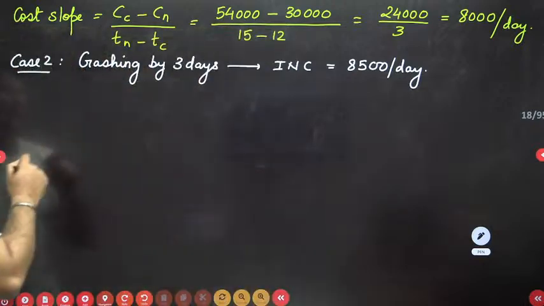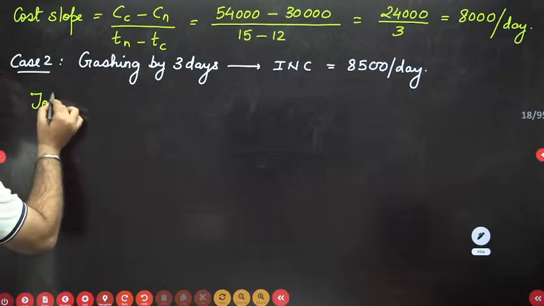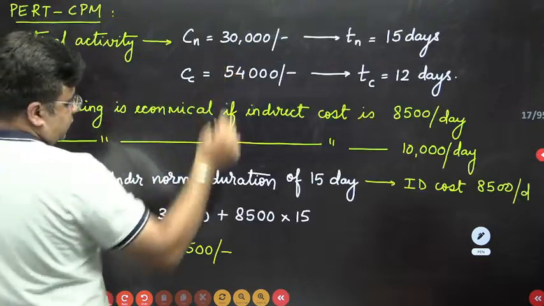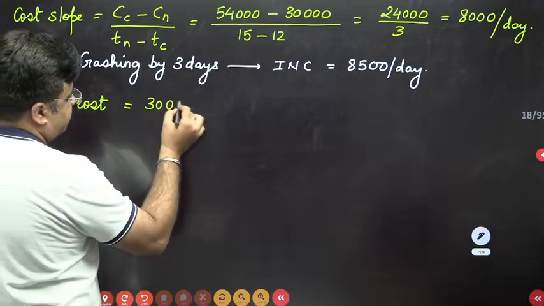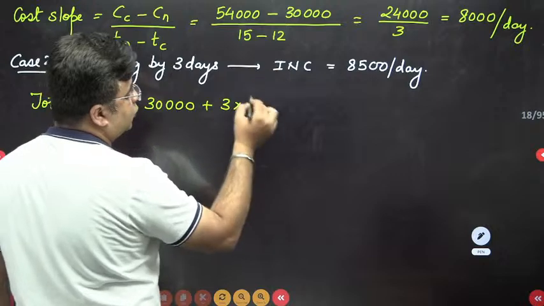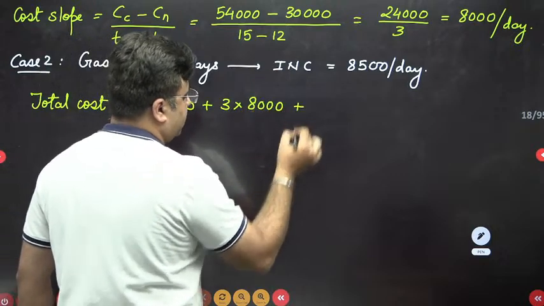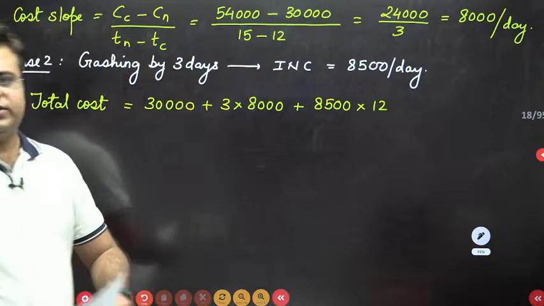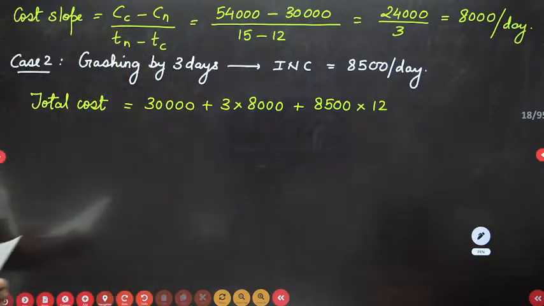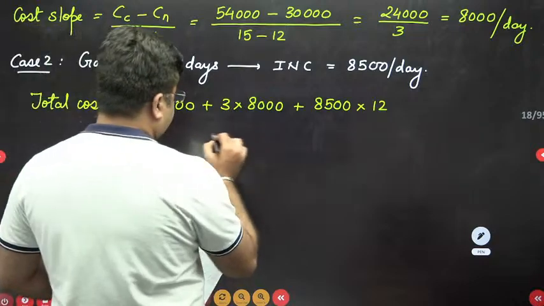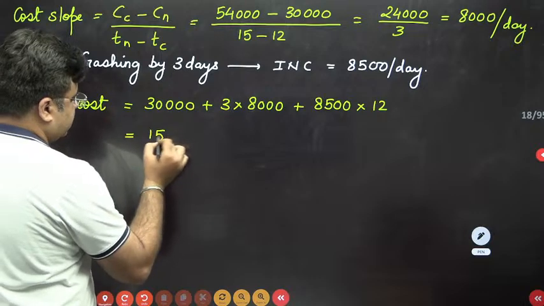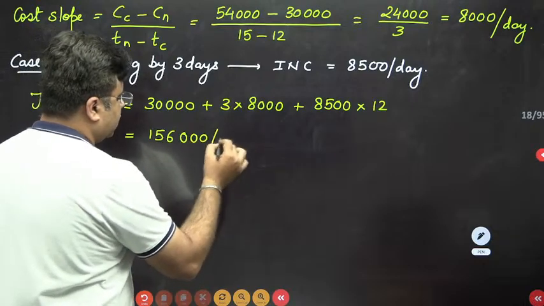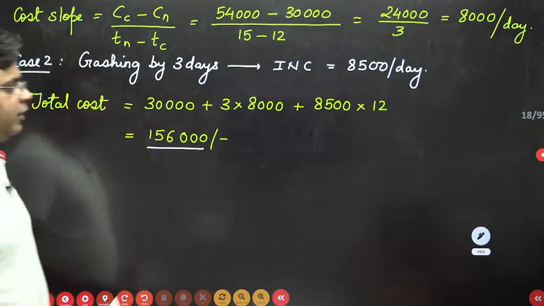So when you are crashing this by 3 days, your total cost of the project will be 30,000 plus 3 into cost slope of the activity, which is 8,000, plus 8,500 into 12 days, because now the project is getting finished in 12 days. You can just calculate this. This will come out as 1,56,000. So this is your total cost when you are crashing your activity by 3 days and you are considering 8,500 as the indirect cost.